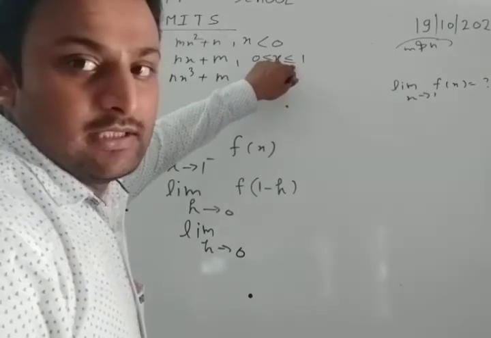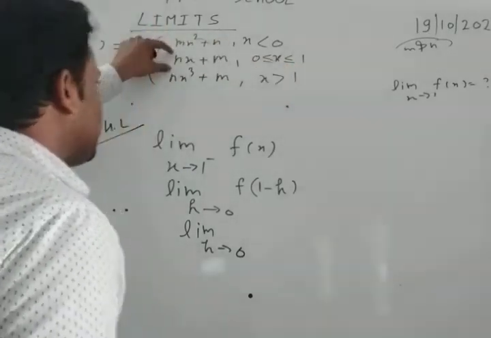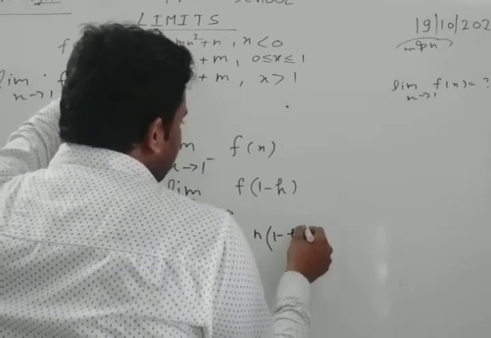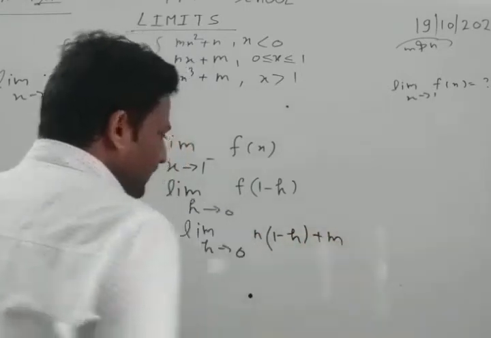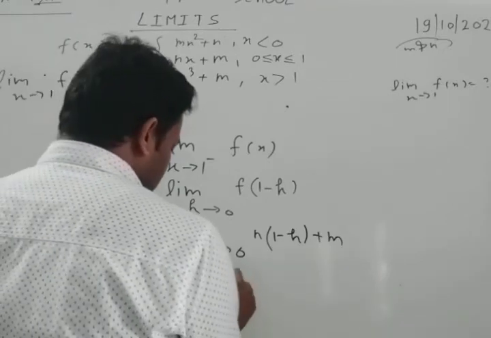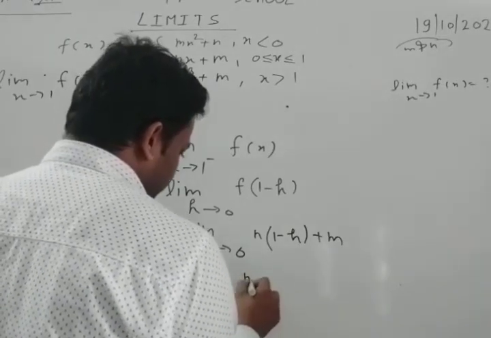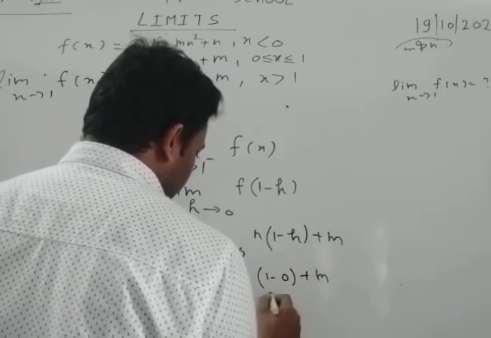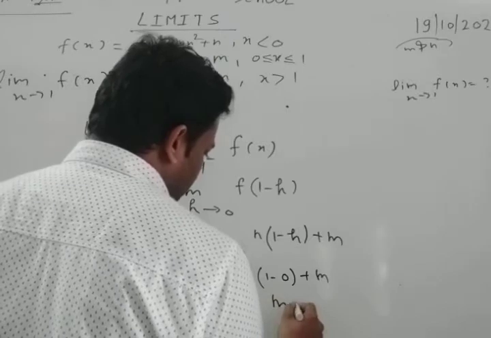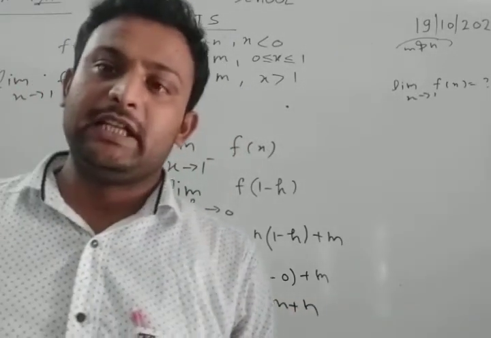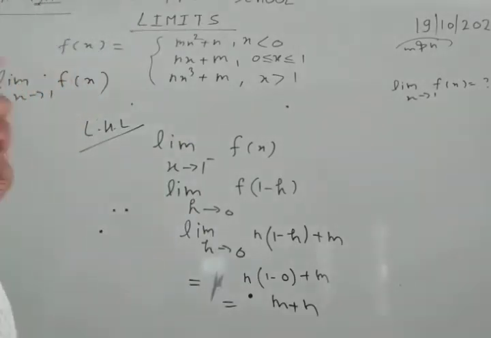For x less than 1, our function is nx + m. So we write n(1 − h) + m. Now putting the value h equal to 0, we get n(1 − 0) + m, so it will be n + m. So our left hand limit is m + n.